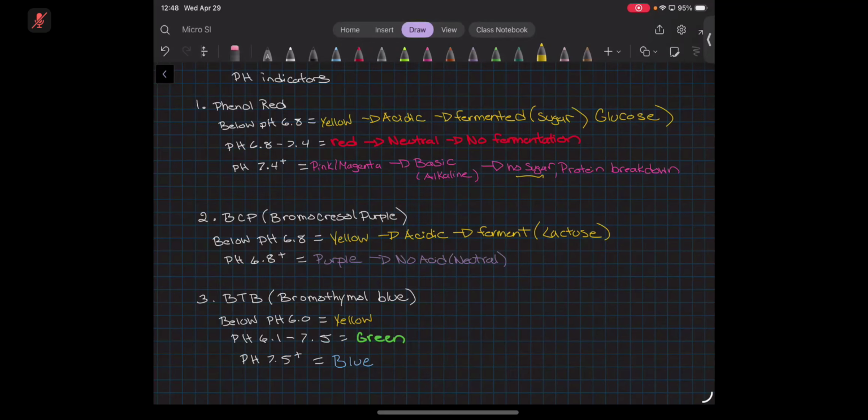Technically, we could have any of the tests. I don't think she would have both a lactose and a glucose that are both yellow. I think she would have one that's purple. That's why I also make sure you know the red or pink, because she might switch it, because there's no way she can have both yellow.